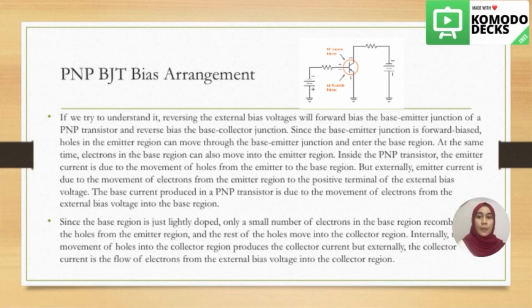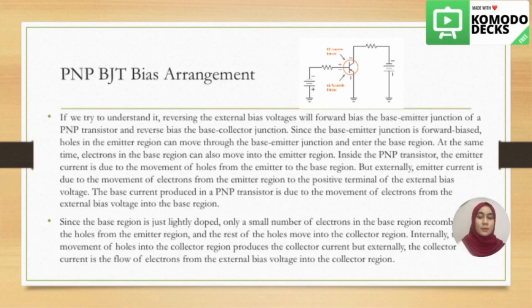At the same time, electrons in the base region can also move into the emitter region. Inside the PNP transistor, the emitter current is due to the movement of holes from the emitter to the base region.